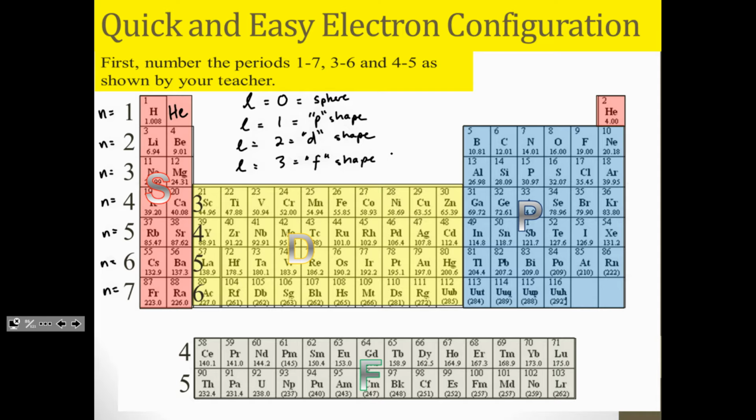All right. One thing to note that I tell my students is that on the left side, n goes from 1 to 7. It's perfect. But what do you notice about this one right here? He doesn't fit in the fourth row like the other ones to the left do. He is actually in the third energy level, and then it goes 4, 5, and 6 after that.